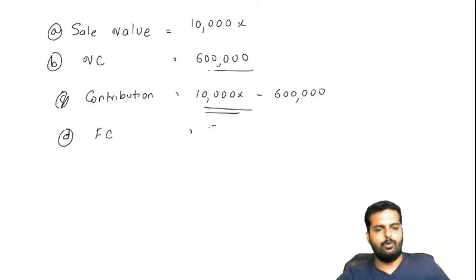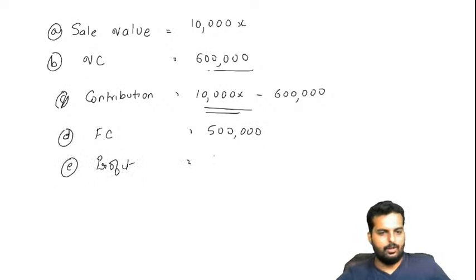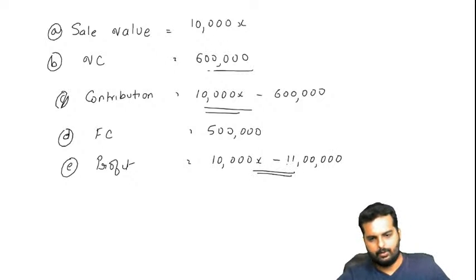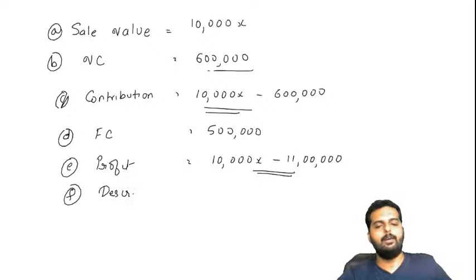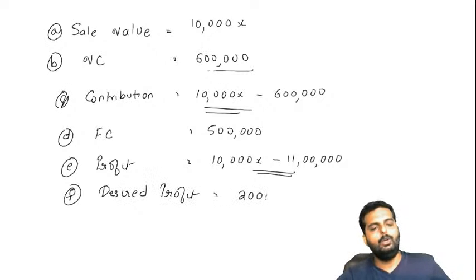Then I have a fixed cost of how much? 5 lakhs. So my profit would turn out to be 10,000 X minus what? Minus 11 lakhs.